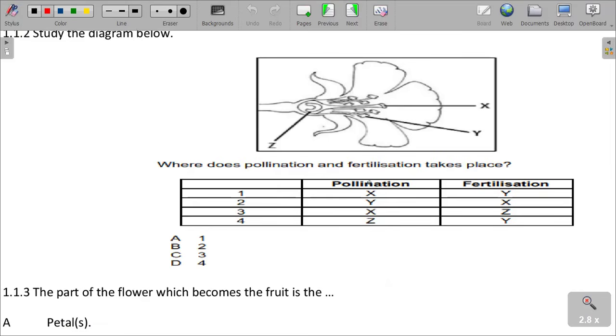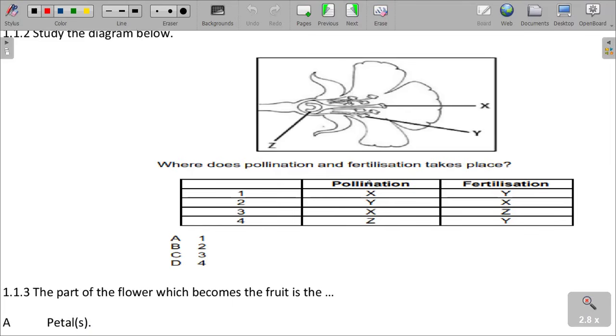So now we are given question 2: where do we see pollination and fertilization occurring? We should understand that pollination takes place at the stigma.